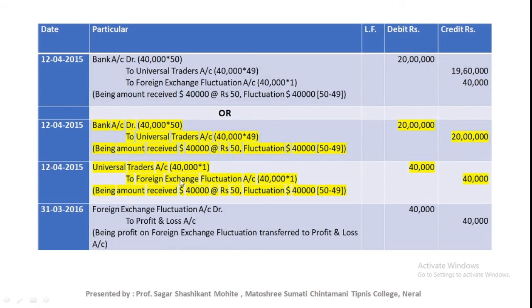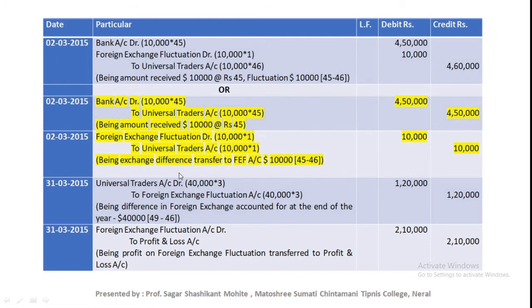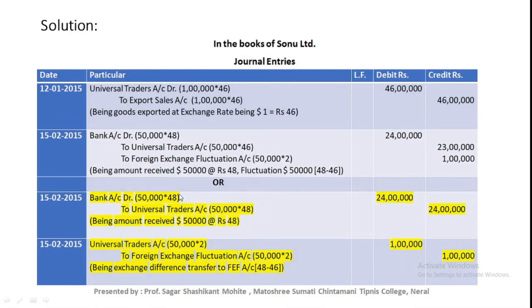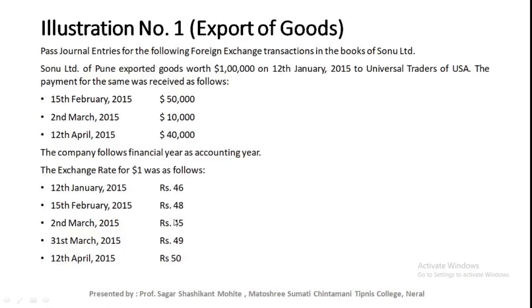Okay, now the next journal entry on the date of year end. On the date of year end, you need to adjust the exchange difference for the outstanding dollar. The total transaction was $1 lakh.